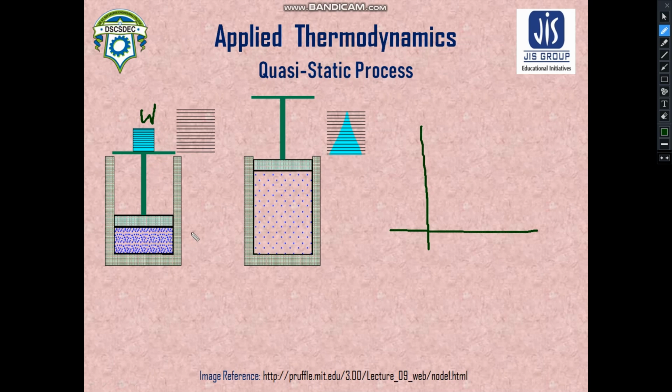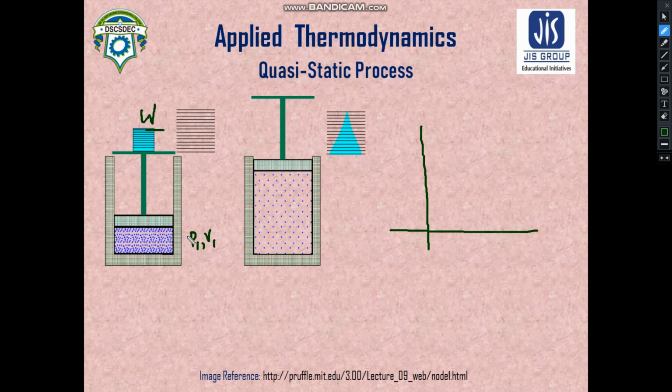So let us assume at the initial state, or at the equilibrium position, the pressure and the volume of the gas were maintained at P1 and V1. So these are the initial states of the gas. Now let us remove a single weight. If we remove this weight, then obviously because of the pressure of the gas, the piston will move in the upward direction.